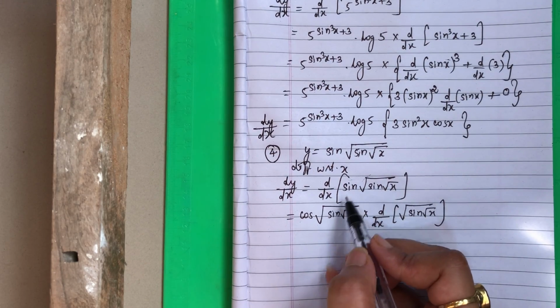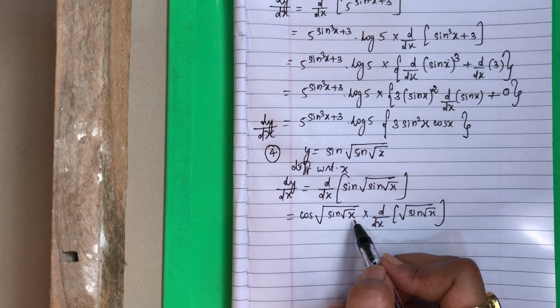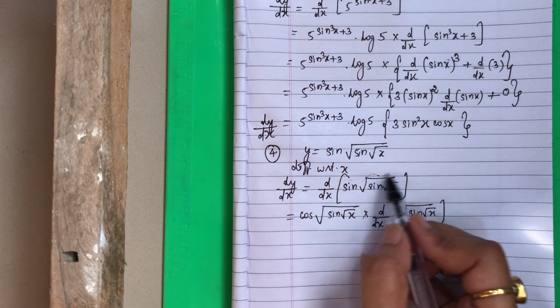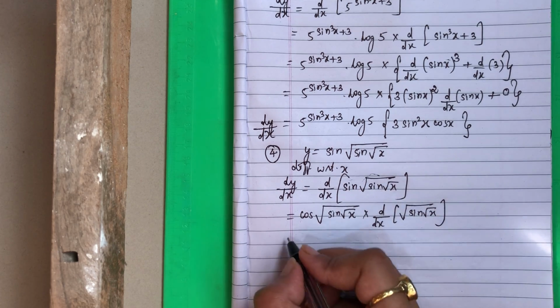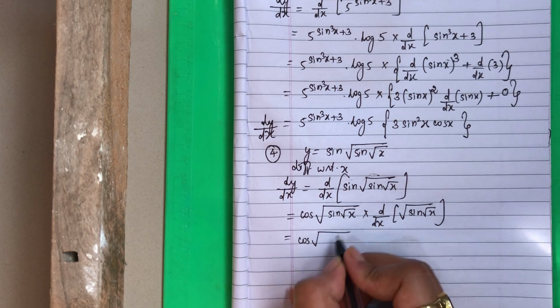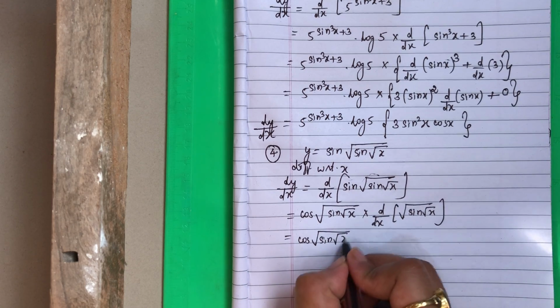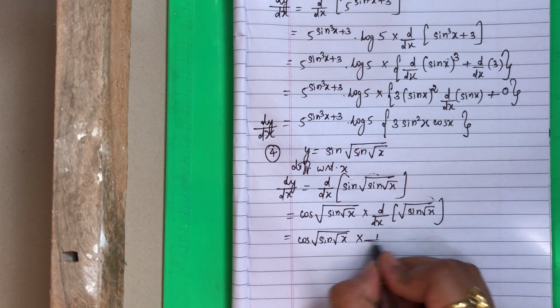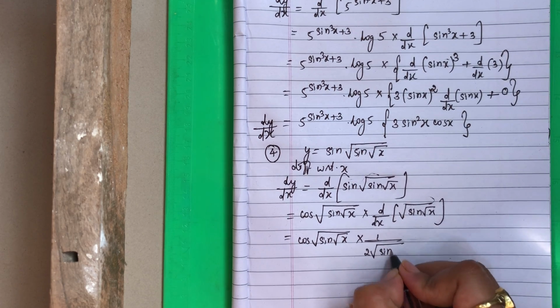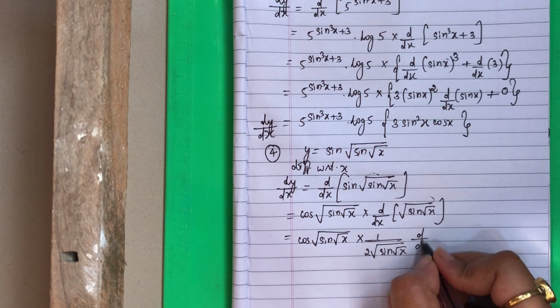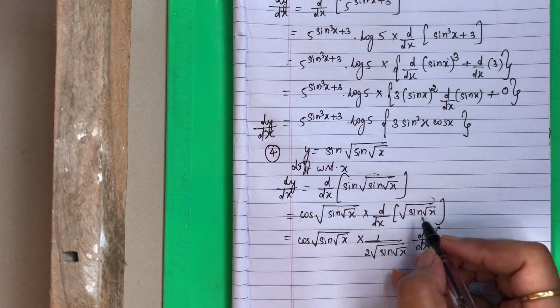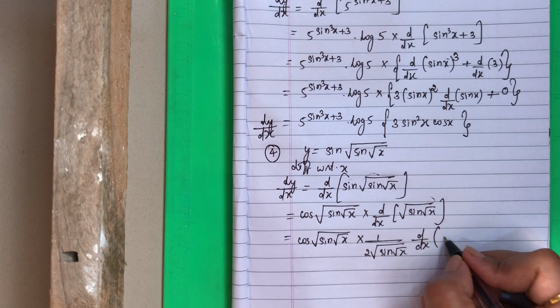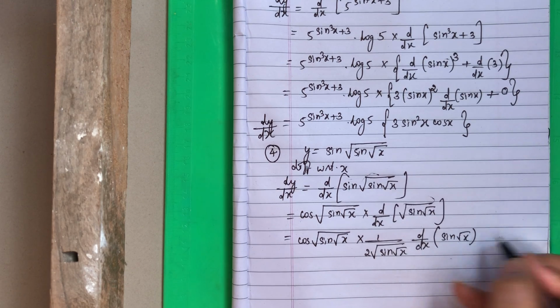First we are differentiating this sine, that means cos root of sin root x into d/dx of this root of sin root x. Now write down the same cos root of sin root x into, differentiate this root, that is 1 upon 2 root of sin root x, into d/dx of the function, which is sin root x.